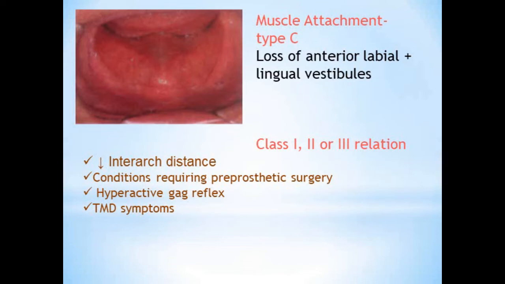So here the muscle attachment exerts moderate compromise on the denture base stability and retention, and then the maxillomandibular relation can be class 1, 2 and or 3 relation, and the other features are decreased interarch distance, or there may be conditions requiring pre-prosthetic surgery, a hyperactive gag reflex or TMD symptoms. So these features, if present, the patient can be included in class 3, that is substantially compromised.